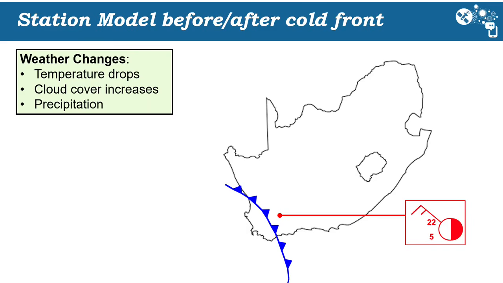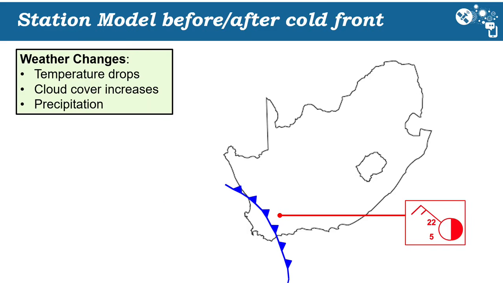The wind direction will be northwest, and it will be around about 15 knots. That 15 knots is not a constant. It can be a little bit more, it can be a little bit less. But cloud cover will be approximately half, 50%, and your temperatures will be relatively high, like 22, and there will be a big difference between your air temperature and your dew point temperature, which means it will be less likely to rain.